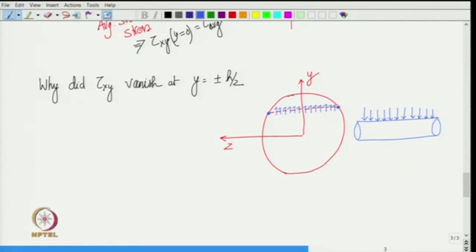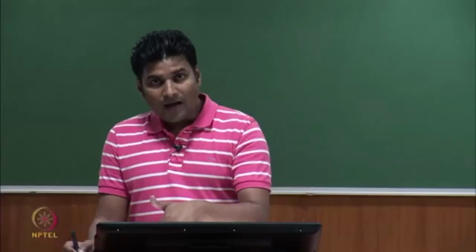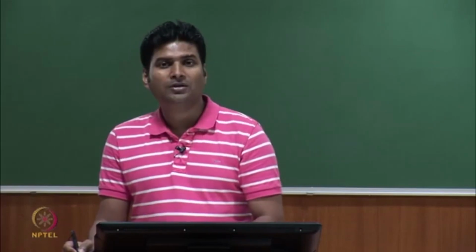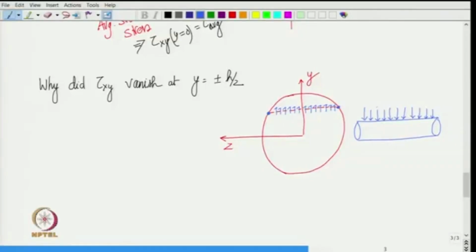Things will be easier visualizing when we use cylindrical coordinate system. So, this lateral surface is the radial plane, is not it? And on the radial plane we have the applied load which is perpendicular to the axis of the beam, right. So, these loads are perpendicular to beam's axis.